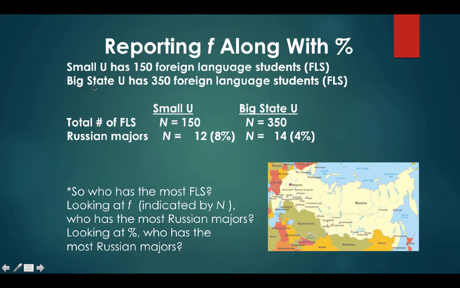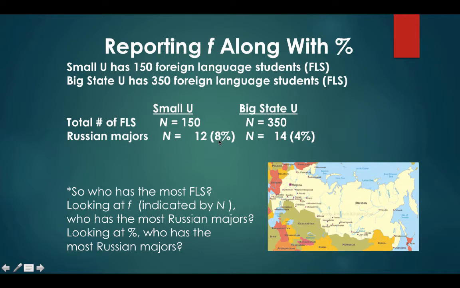Big state U has 350 foreign language students. Okay, so when you look right here at this table, total number of foreign language students at the small university, 150. At the large university, 350. Those that are Russian majors at the small university, which is your actual number of students, you have 12 students that are Russian majors at the small U. The large school, you've got 14.